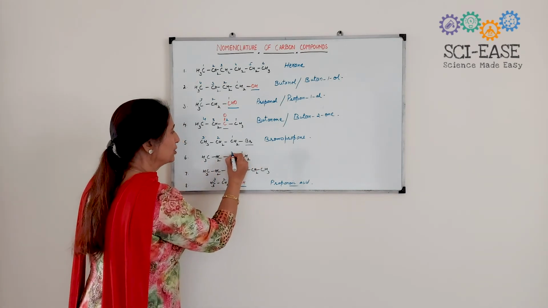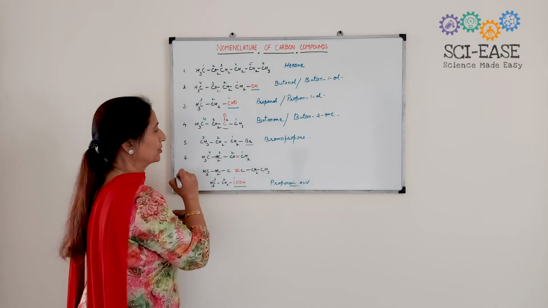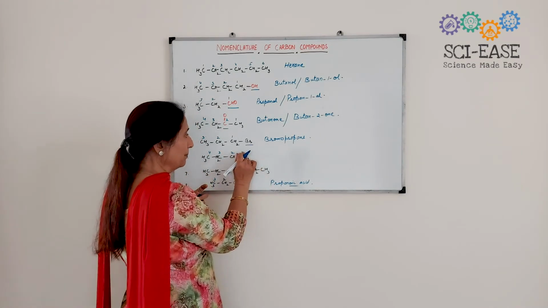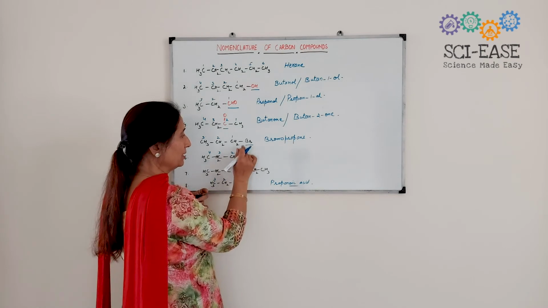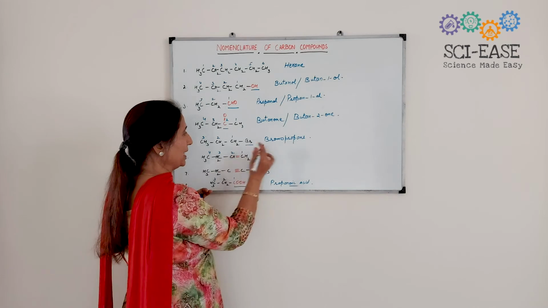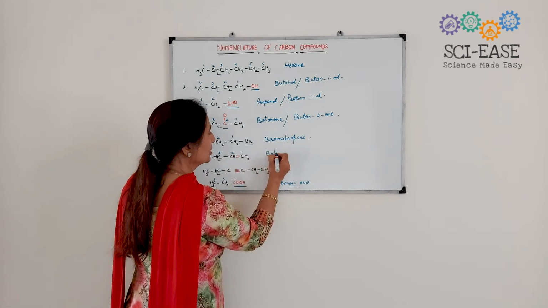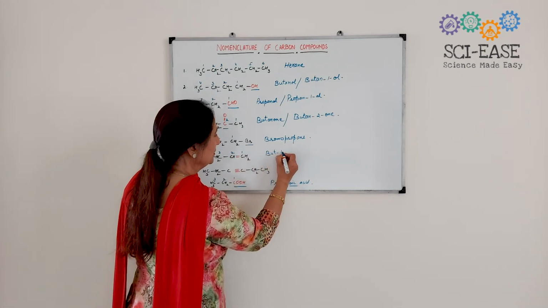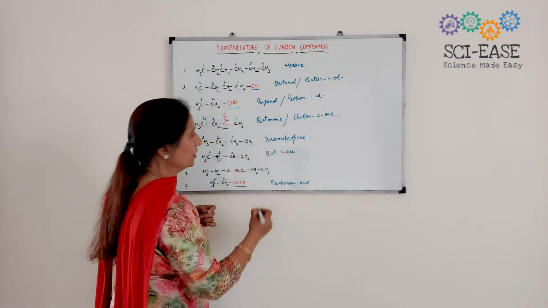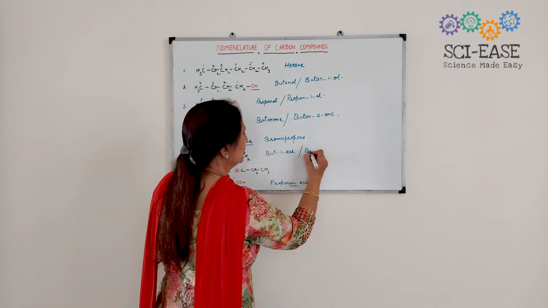So 1, 2, 3, 4. So it will be butene. And the number given is the first number. It is between 1 and 2, but we will write but-1-ene.